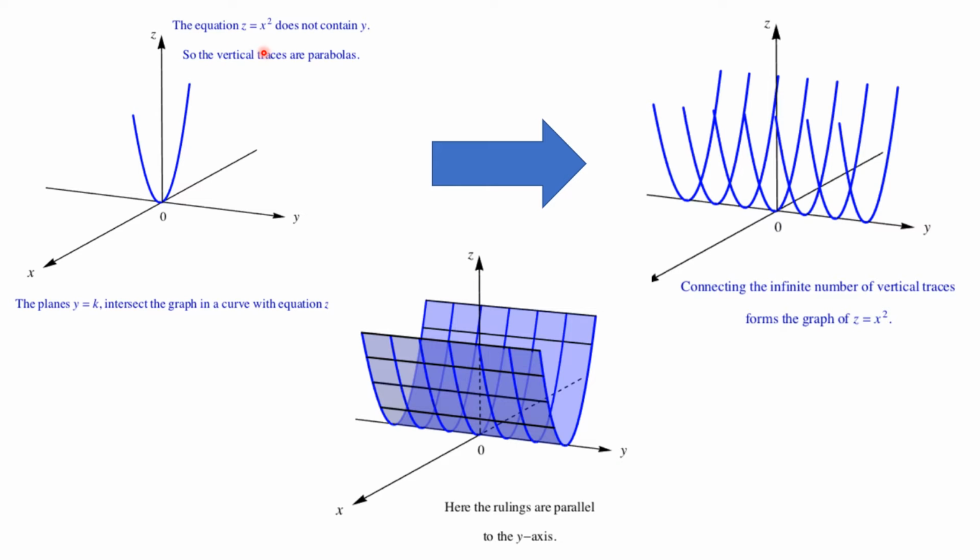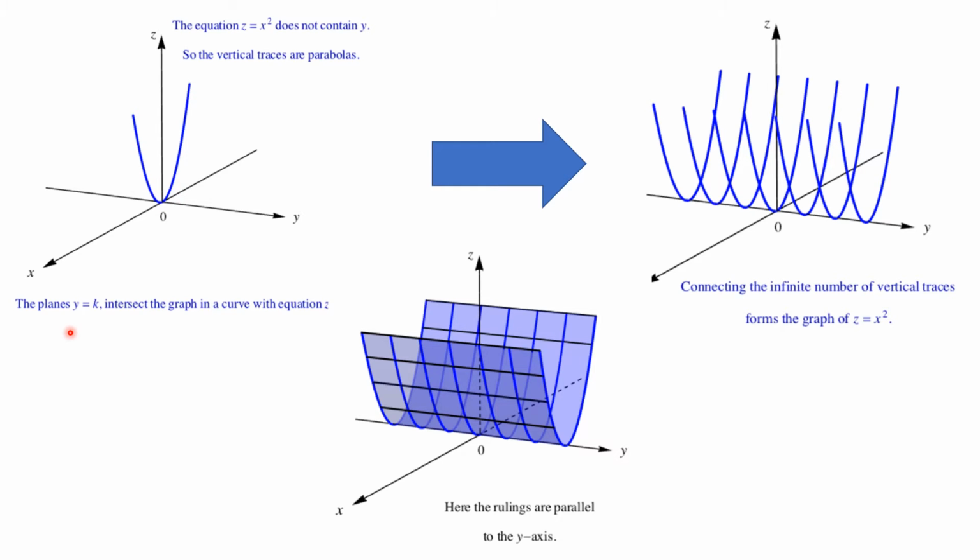Well, the equation z equals x squared does not contain y. So that means the vertical traces of this are just parabolas, and here we're letting y be 0. If y was 0, what you're going to get is z equals x squared, which is going to look like that.